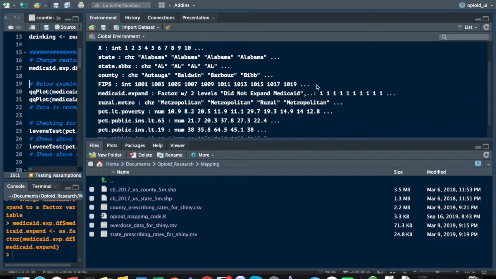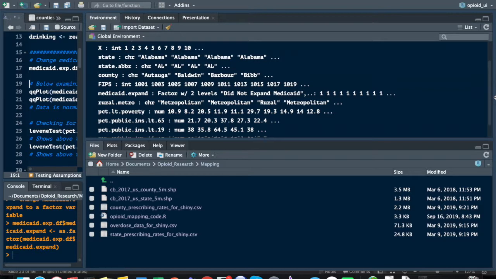On the back end, it's labeled as a 1. And what's in the quotes is a label on your data. So a factor is basically a string value, but on the back end, it's coded as a number. So you'll see that expanded Medicaid will be 8 in this particular case, if you looked at it.